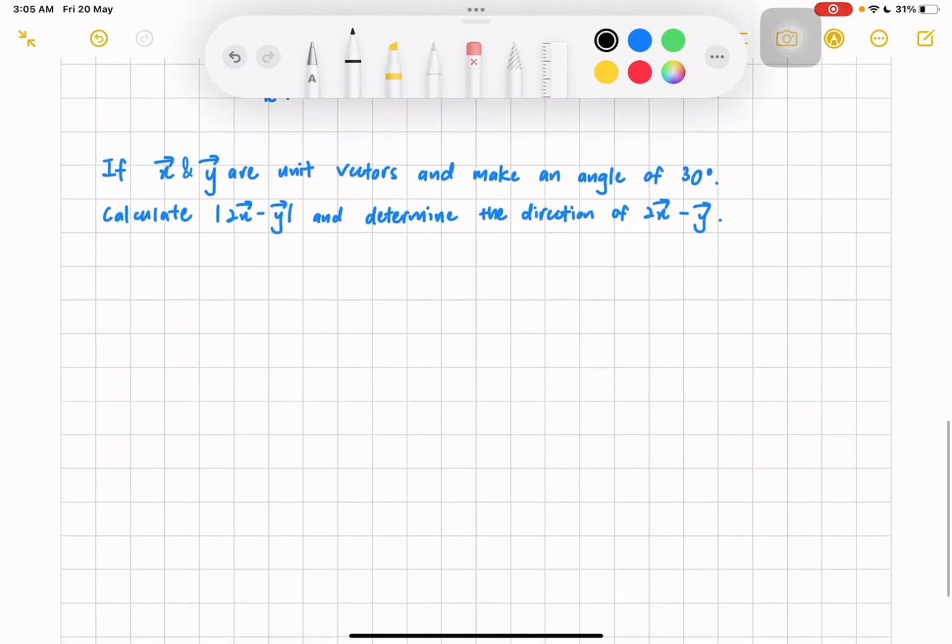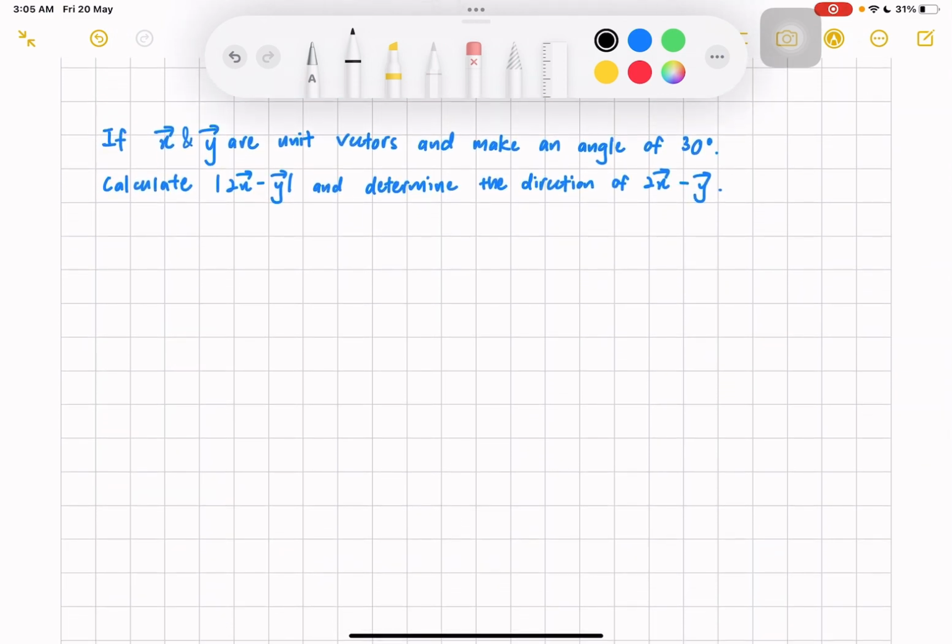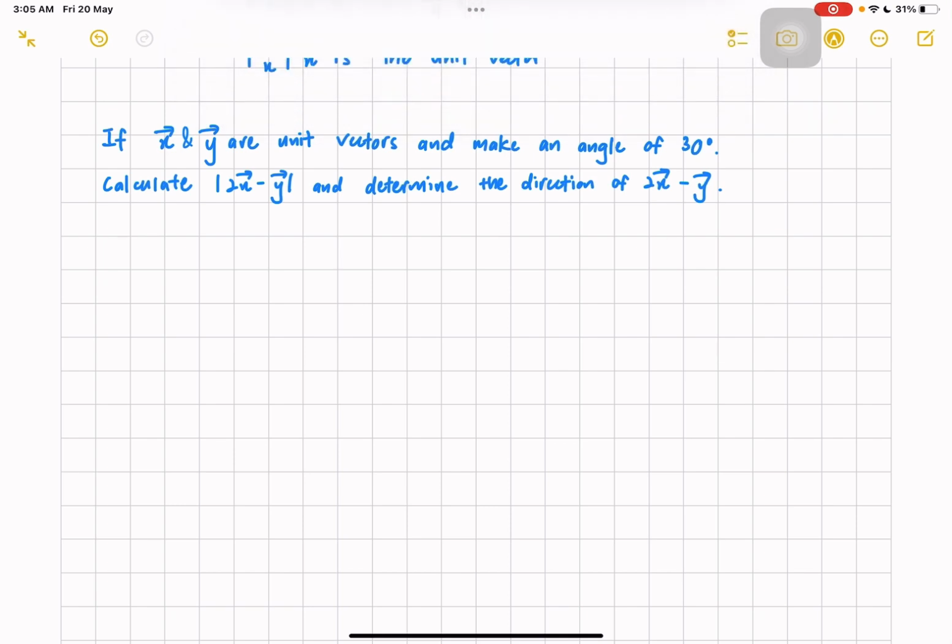Next, if vector x and vector y are unit vectors and make an angle of 30 degrees, calculate the magnitude of 2 vector x minus vector y and determine the direction of 2 vector x minus vector y. So be careful here. If there is an absolute sign, that means they are looking for the magnitude.